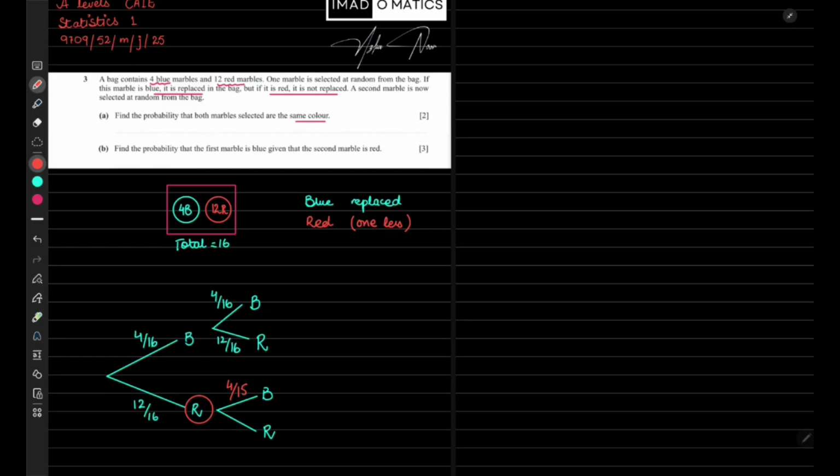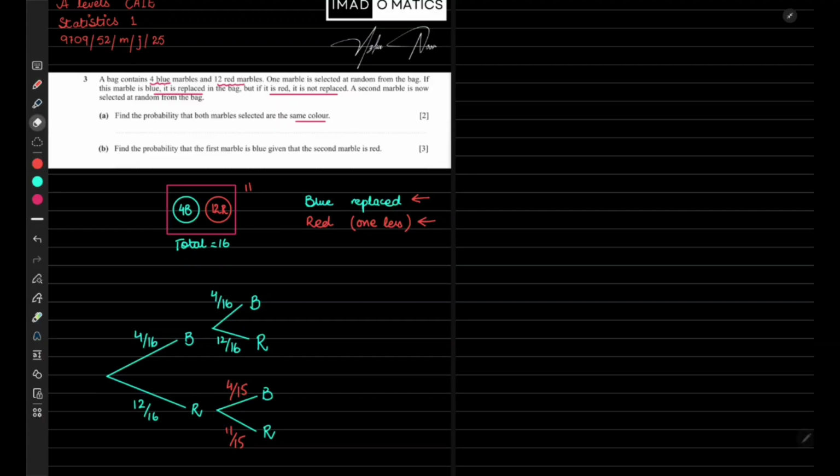And if we take red again, the total is one less and the red is also one less, so it becomes 11 out of 15. I hope you understand this. The blue was replaced, so there is no effect on the total or the number of blue marbles. But red is not replaced, so if we took one red, that means we have one less red and the total is one less.